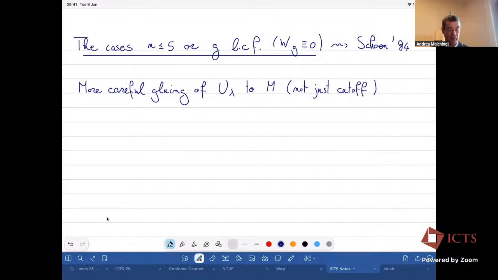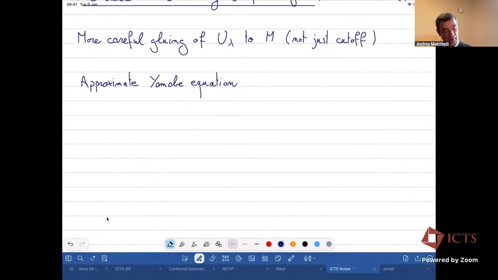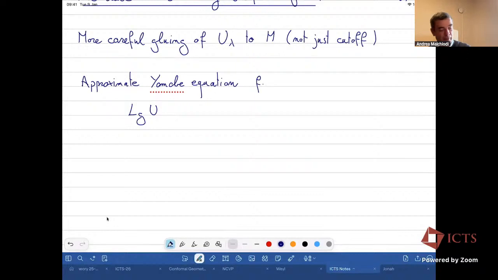Here the heuristics is the following, that if you look at the Yamabe equation, say the approximate Yamabe equation, you can write the conformal Laplacian, say for u_lambda. So take lambda to be very large, and take a Euclidean extremal which is glued to the manifold.